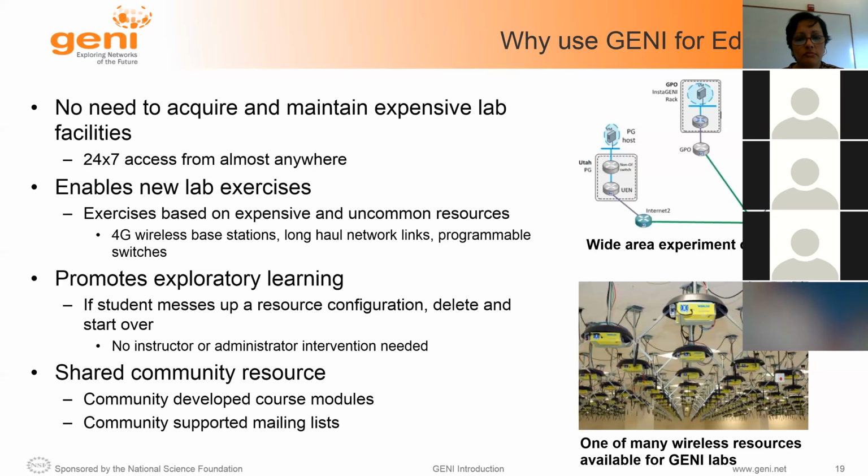One network alone had about 60 some machines, but every time one machine broke, I had to go fix it before I could do anything else. In this case, you have access to all this expensive lab equipment, 24/7 access across the US, so you don't have to maintain it.